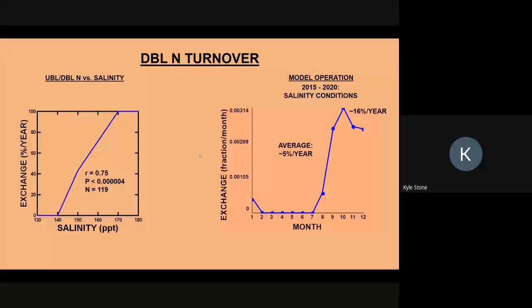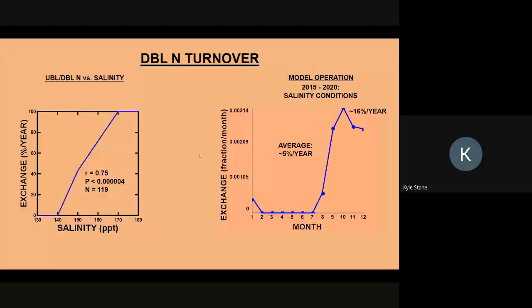If you plot out how much of a change there has been in the deep brine layer, that gives you the turnover that occurs within that region, and that's this line here. Taking that value, and putting in the salinity from 2015 to 2020 for each month of the year, you can see that for a good part of the year in that period there was no turnover.